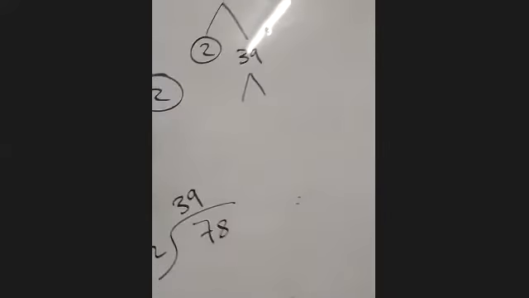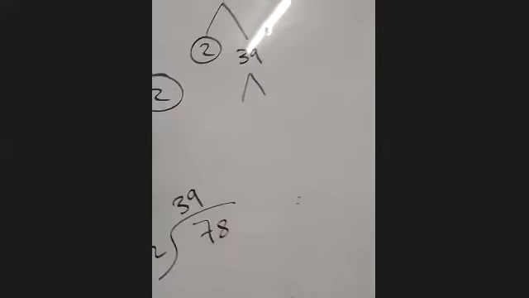I think 3 multiplied by 13. Yes, what are the two numbers for 39? 3 and 13. Excellent.